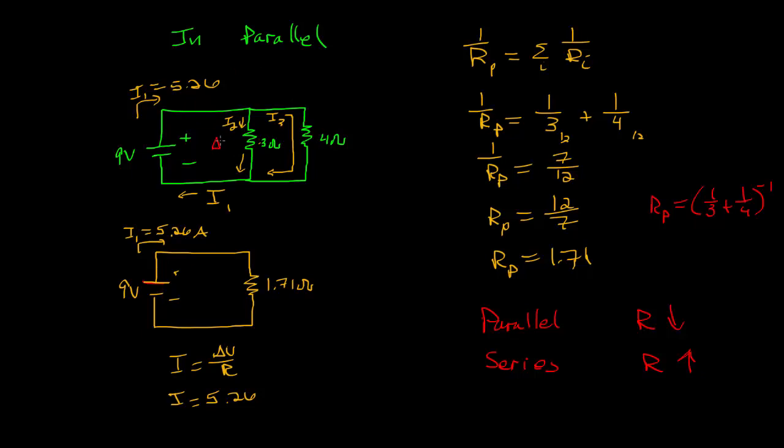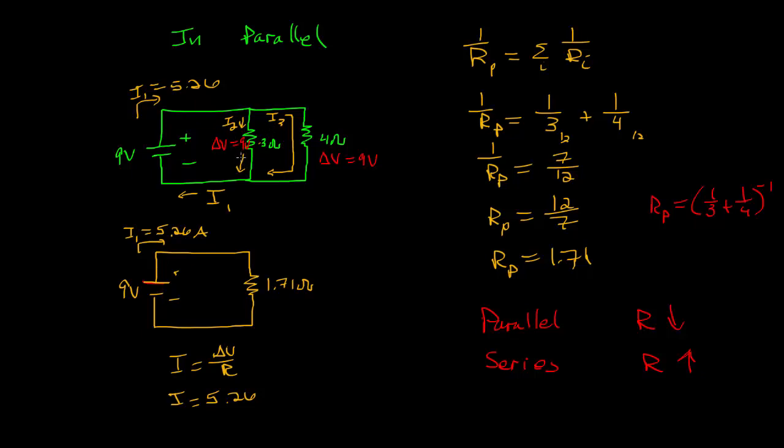So this potential difference here is equal to this potential difference here, and they're all equal to the original one, 9 volts. So over here I get 9 volts, and here, 9 volts. I'll summarize this, but in parallel, we're going to get the same potential difference and different currents. In series, we had the same current and different potential difference.